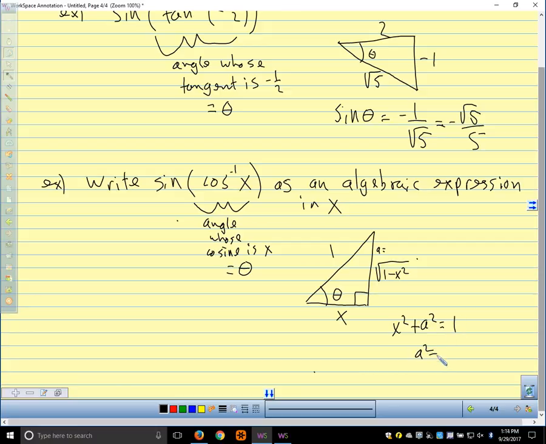So a squared equals 1 minus x squared, so a is the square root of 1 minus x squared. We want the sine of that angle: square root of 1 minus x squared over 1. So there's my answer. The sine of the inverse cosine of x is the square root of 1 minus x squared.